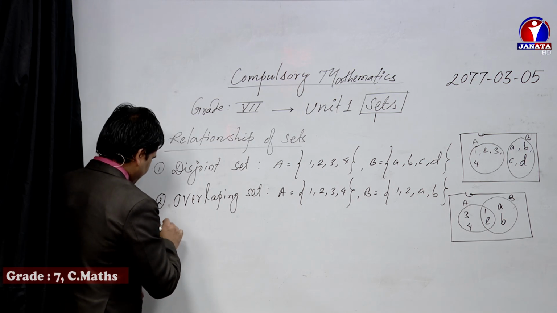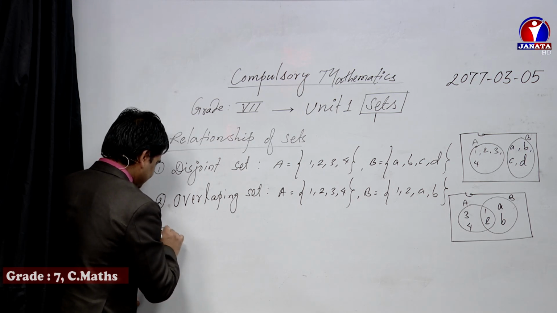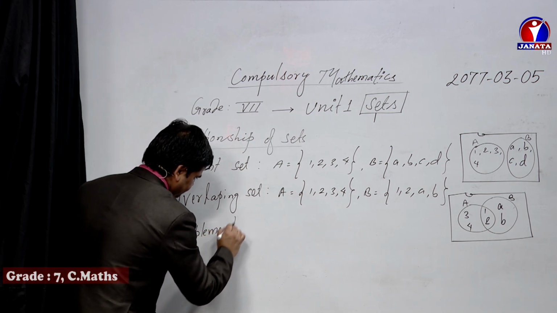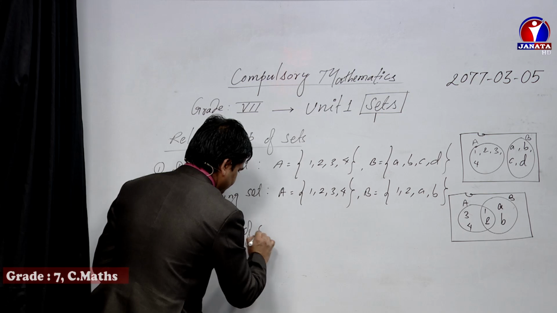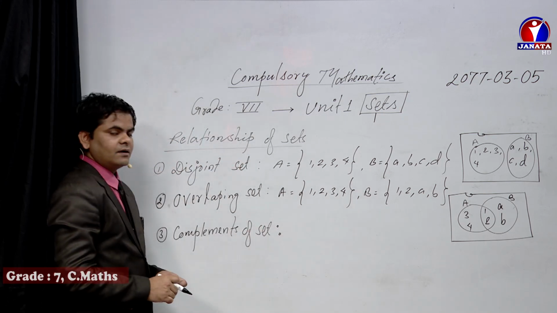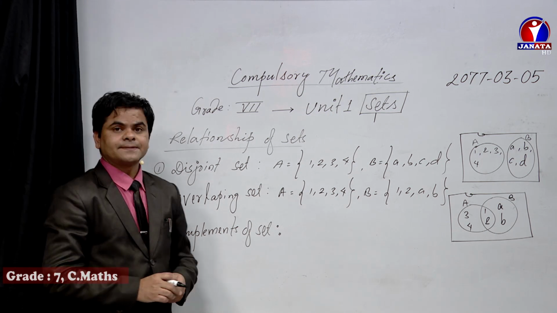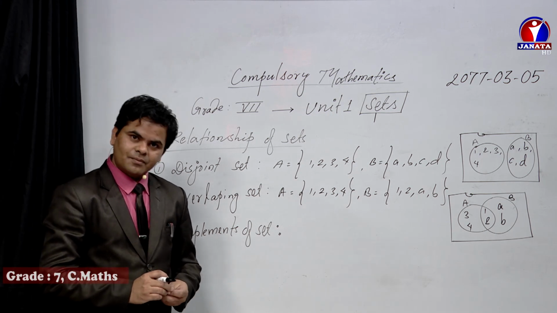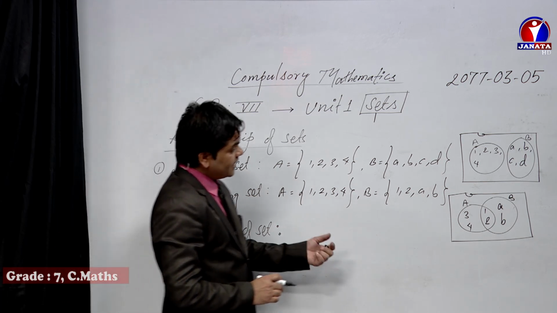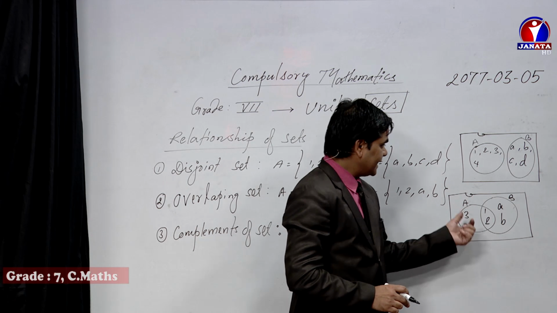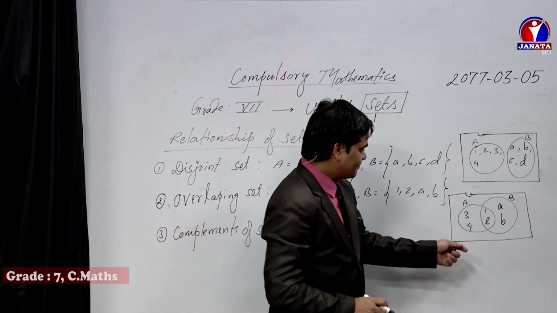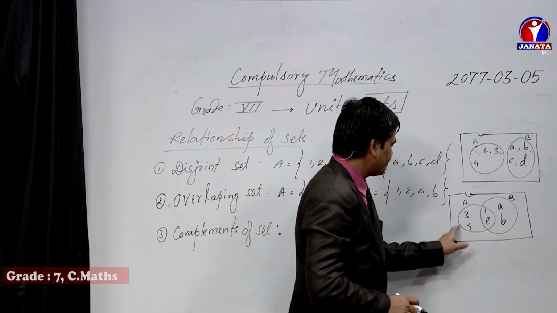Now dear students, another one, number 3, is complement of set. What do you mean by complement of set? Of course, complement of set represents the area inside the Venn diagram, inside the rectangle, but outside the circle. It means the outer area of the circle.